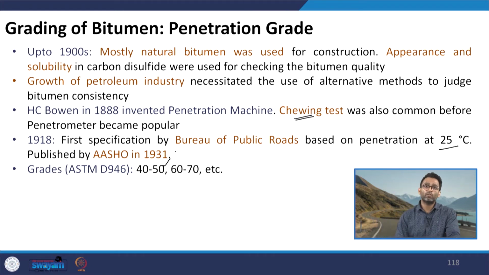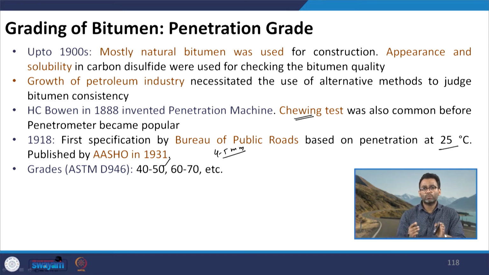For example, there were grades such as 40-50, 60-70, etc. Just to remind you again, what do you understand by the grade 40-50? By the grade 40-50 we understand that the penetration of the needle under standard conditions will range from 4 to 5 mm in the penetrometer when we penetrate the needle in the bitumen sample.